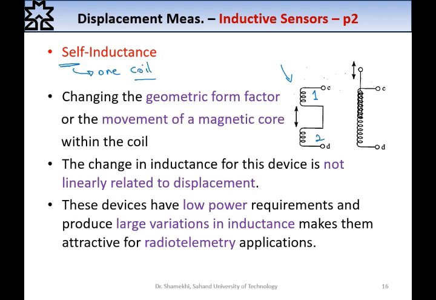Also, we can change the geometric form factor with movement of a magnetic core within the coil. If the magnetic core is outside of the coil, the geometric form factor will be decreased, and when all of the magnetic core is inside the coil, the geometric form factor will be increased.